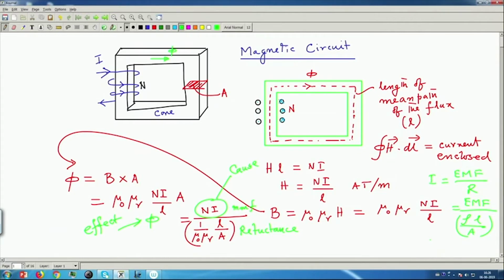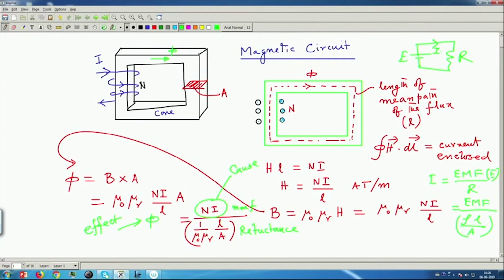Although, as you know, the electrical circuit is like this: resistance, and this is your EMF, say E by R, and this is the current. But in a magnetic circuit, this MMF and this flux, wherever it is flowing, are totally decoupled. I mean, it is not that flux is in the conductor.